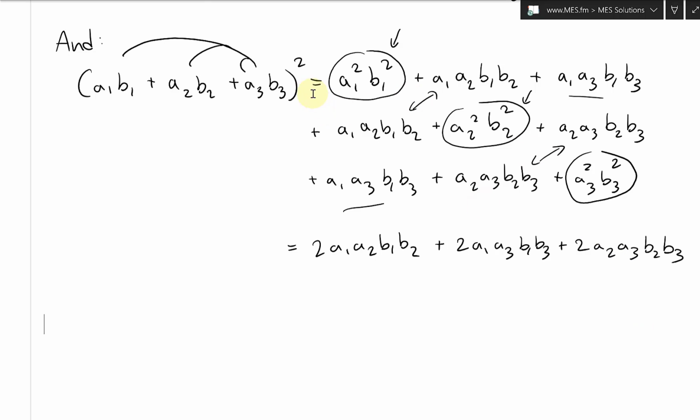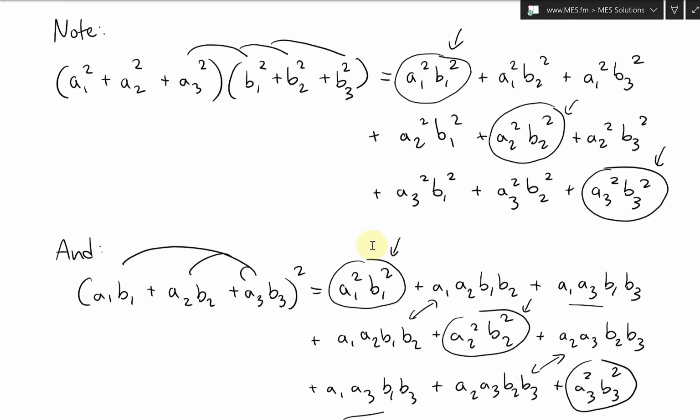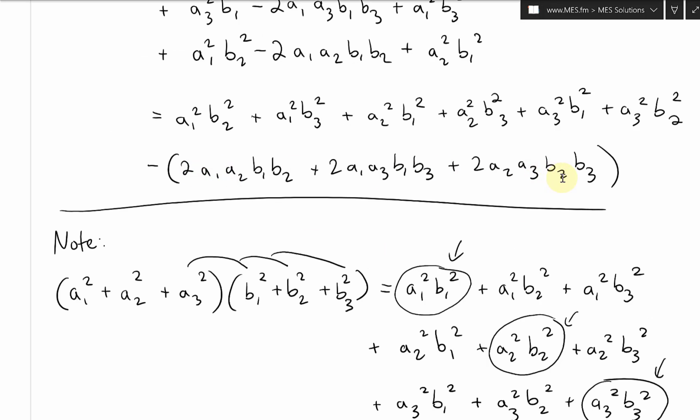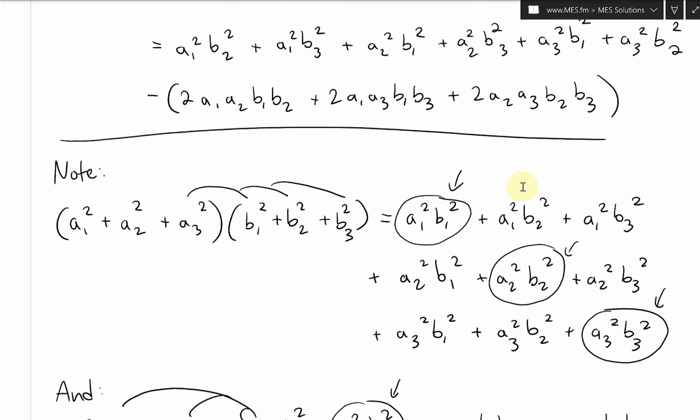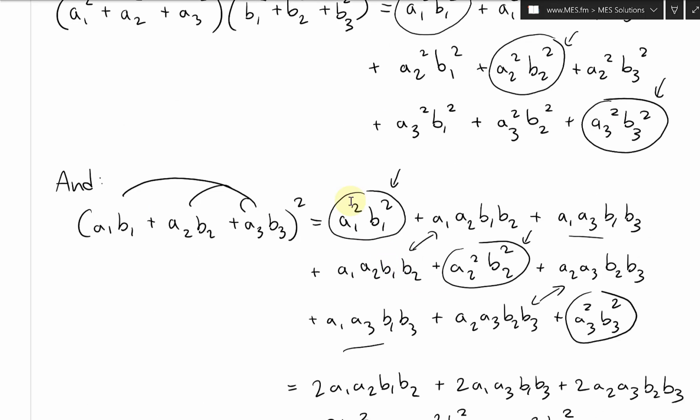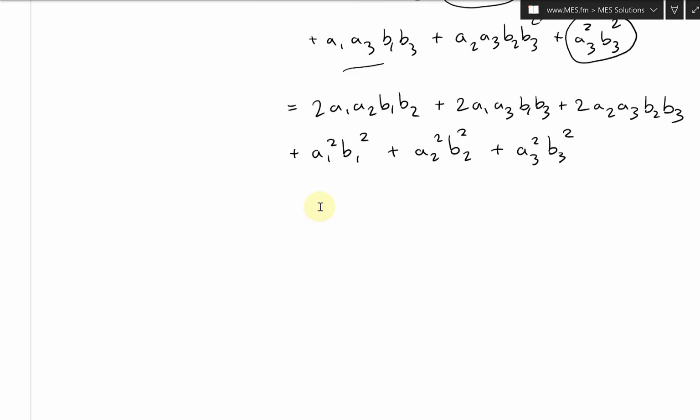And then likewise, we'll add these up over here: A1 squared, B1 squared, plus A2 squared, B2 squared, plus A3 squared, B3 squared. So we have this part right here when we combine these two, but then these all cancel.